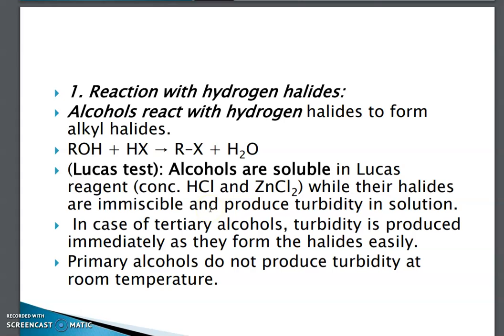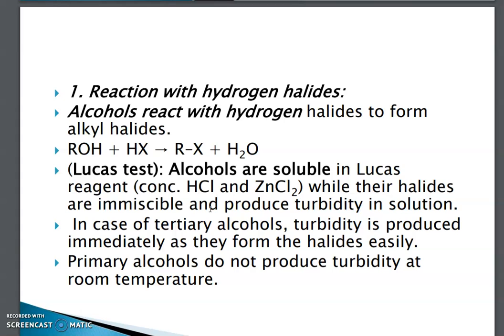Their halides are turbid, so it produces turbidity in solution. If alcohols are reacted with Lucas reagent, it will form turbidity. So based on this turbidity, we can identify whether it is a primary, secondary or tertiary alcohol.